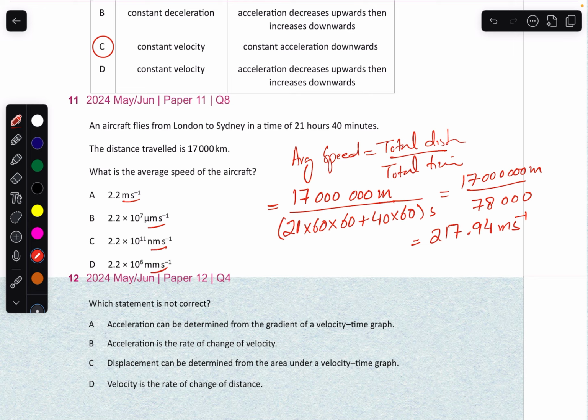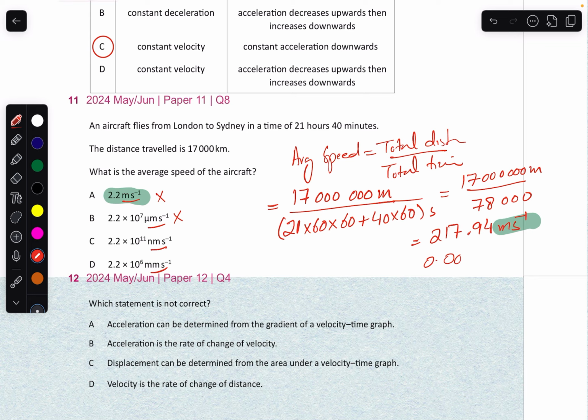If I look at the options, there is no option like this. There is one option in meters per second, but they are not equivalent, so this is not the option. How can I convert them? I can convert them into micro, which is 10 power minus 6. So this will be 0.00 something, and I don't have any such option, so it will not be micro.